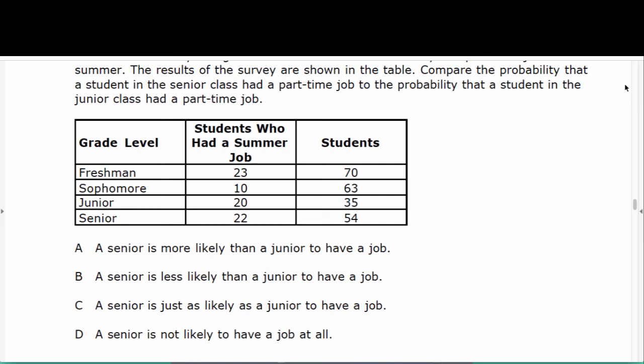A. A senior is more likely than a junior to have a job. B. A senior is less likely than a junior to have a job. C. A senior is just as likely as a junior to have a job. D. A senior is not likely to have a job at all.